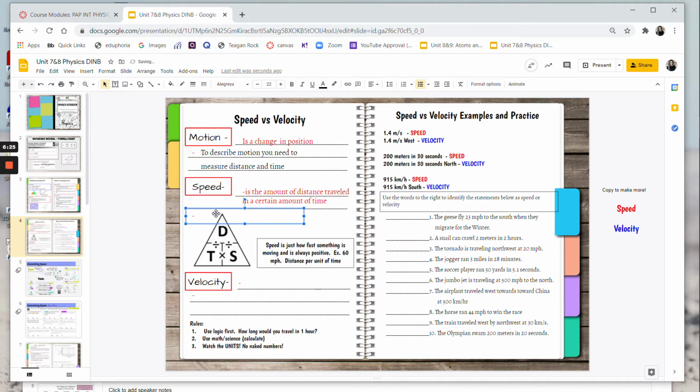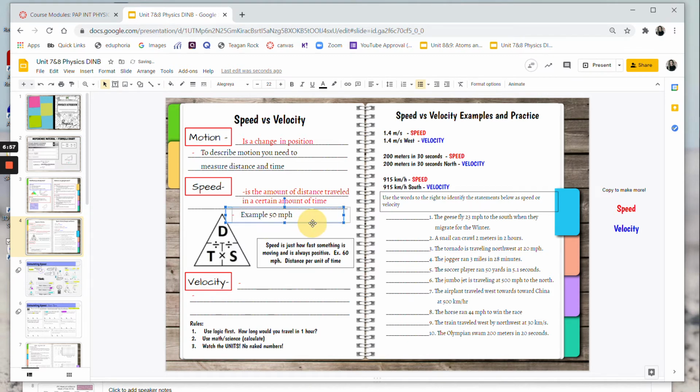So an example could be something like 50 miles per hour or 60 miles per hour or 70 kilometers per hour. It's your distance divided by your time. It's how fast or slow you're going. So an example, let's just put one down, is 50 miles per hour.